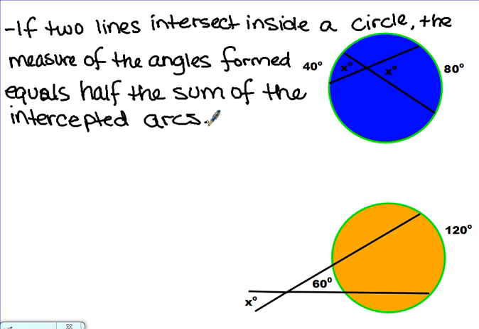So anytime we see a circle with two lines intersecting inside the circle, the measure of the angles formed is equal to half the sum of those intersected arcs.